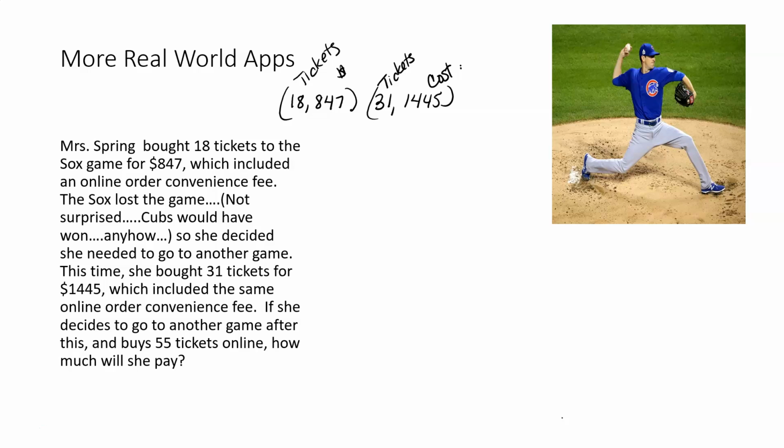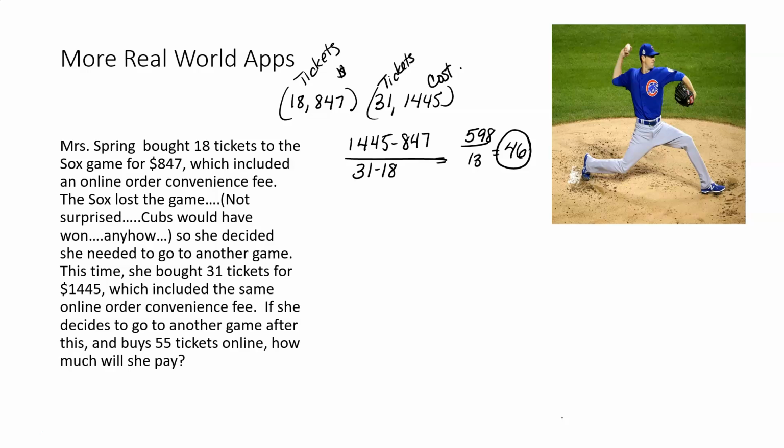Okay, so if we use these points to find a slope, we'll have 1,445 minus 847 over 31 minus 18. So our slope is 598 over 13, which is a slope or a rate of 46.